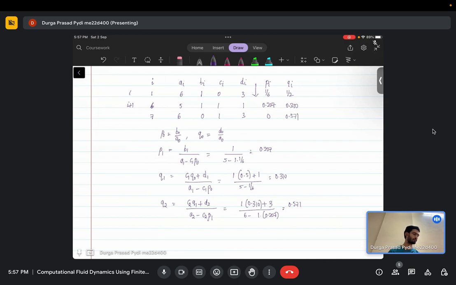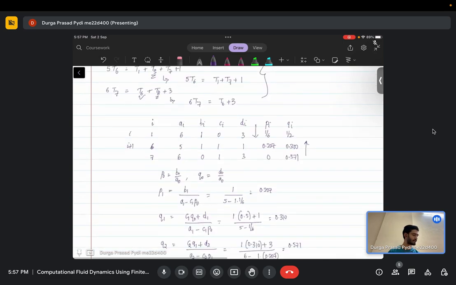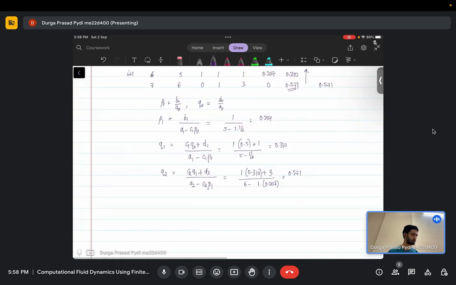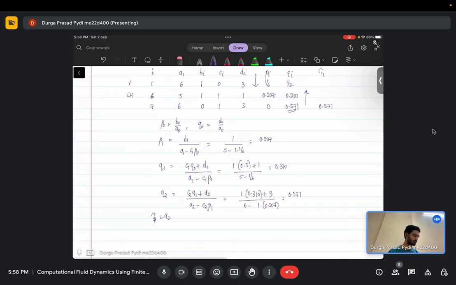Once you are done with the forward pass, next you do the reverse. To obtain the values of T, you start from the last cell. The value of the last one is equal to Q2, so T7 equals Q2. Now if you need the value of T6, it will be in terms of P1 times T7 plus Q1. That gives 0.207 times T7, which is 0.571, plus Q1.